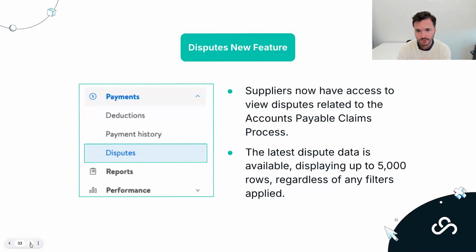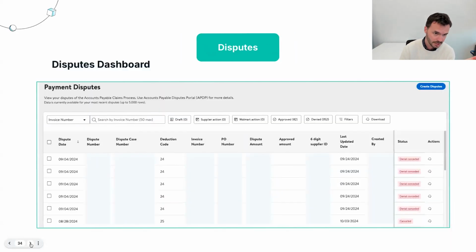Now you can look at your disputes as well, and view disputes related to the accounts payable claims process. So that's all of your APDP disputes that you're putting through. The latest dispute data is available, and it displays up to 5,000 rows, regardless of any filters applied. This is what it looks like here.